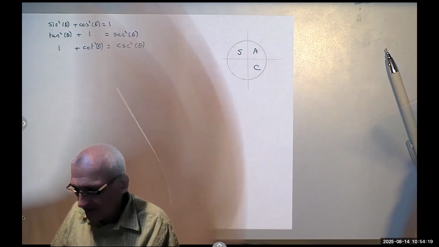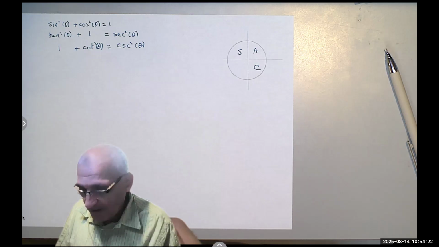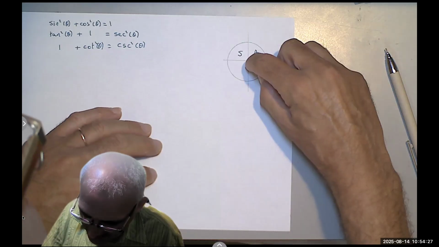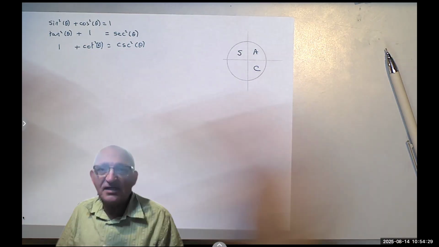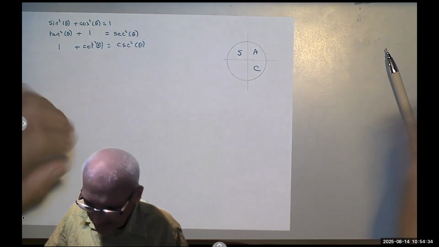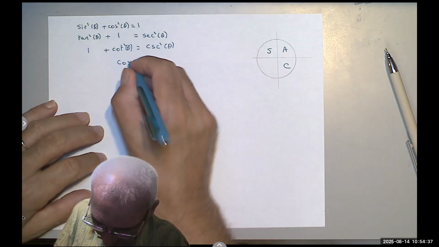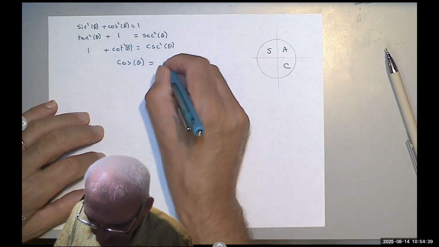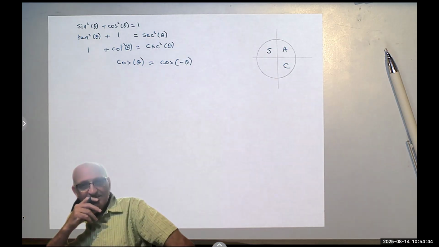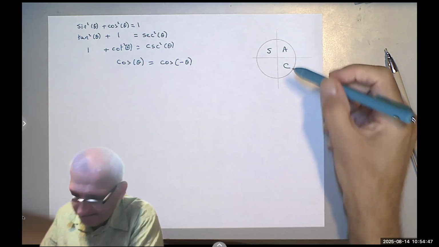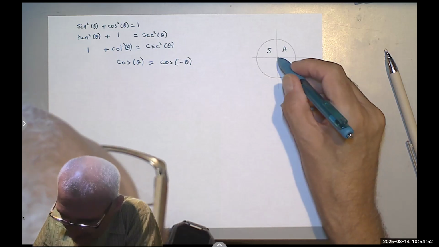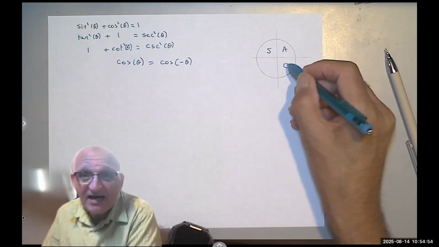I'm going to leave the tan for now, but you can see that if the angle is positive or negative, its cosine is the same. So this is telling me that cosine of theta is the same as the cosine of negative theta. Interesting, right? Meaning, if I have an angle of 30 degrees or an angle of 330 degrees, they have the same cosine.